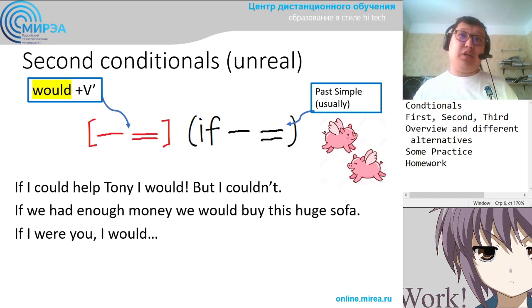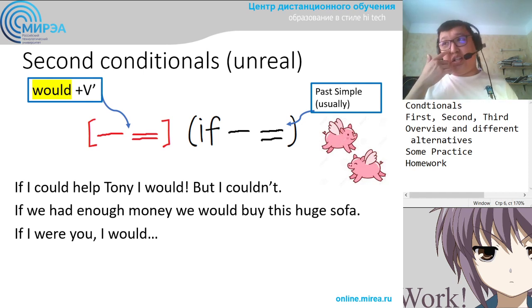And also a great common sentence that everybody uses is: if I were you, I would do this and that. This beginning of the sentence, "if I were you", is for recommendations and advice, basically. In Russian, it sounds like "на твоем месте я бы".